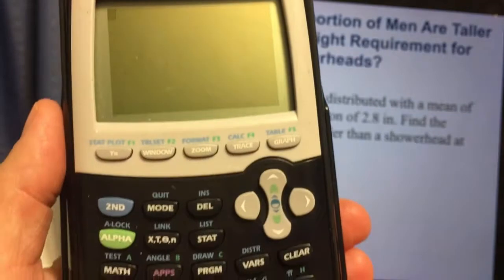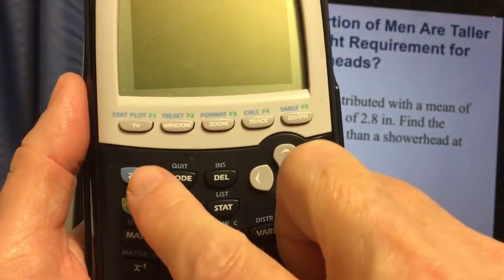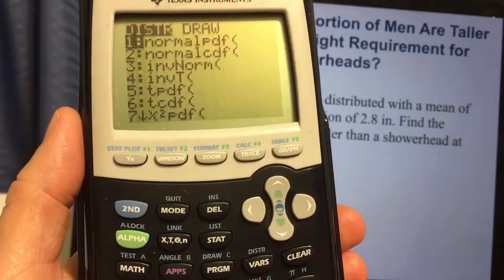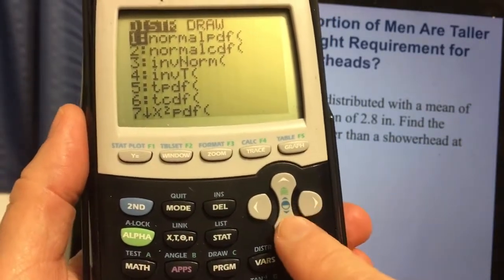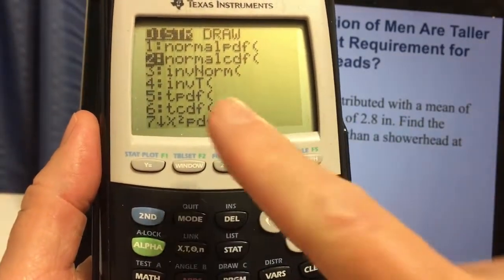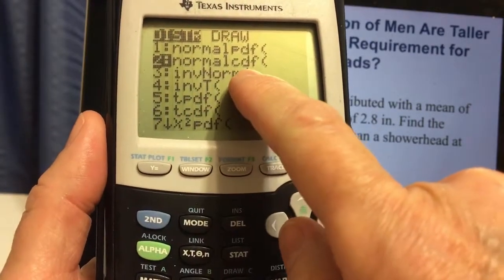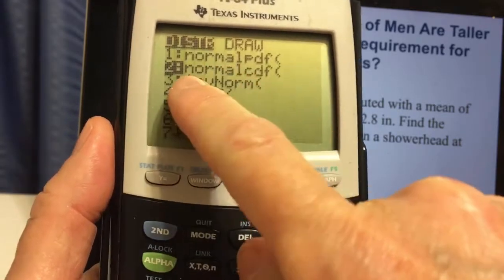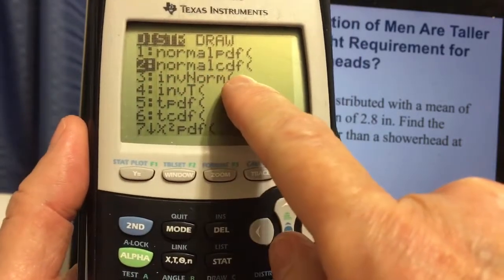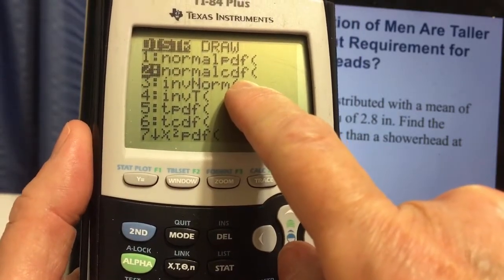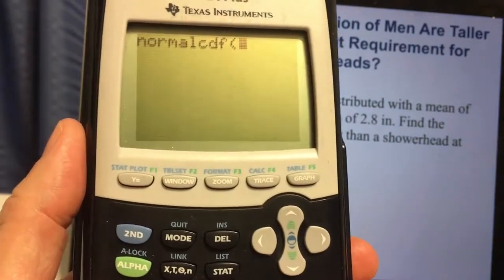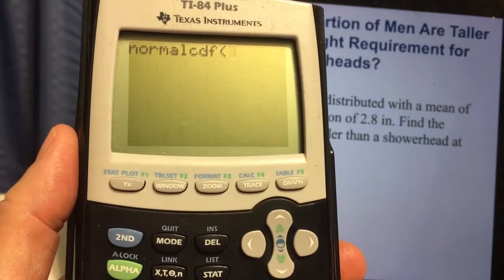So I'm going to go over here to my second and my distribution. All right, and the second one on here is my normal cumulative, the normal CDF, just like we did the binomial CDF for a cumulative probability. The normal CDF is what we're going to use. Now, when we click on the enter there, you may have a calculator that gives you some hints here.